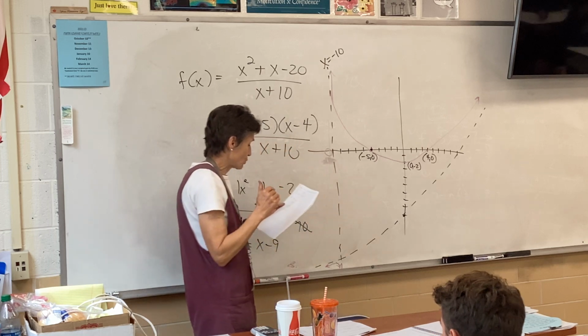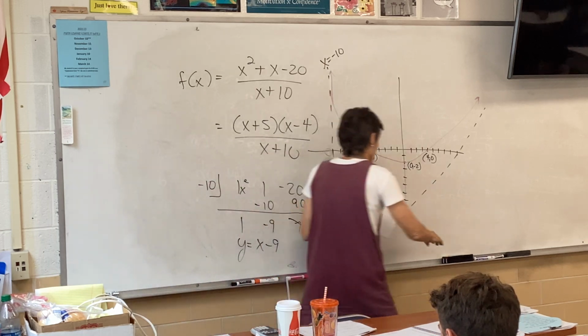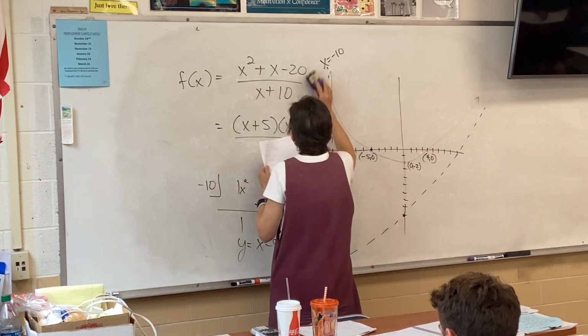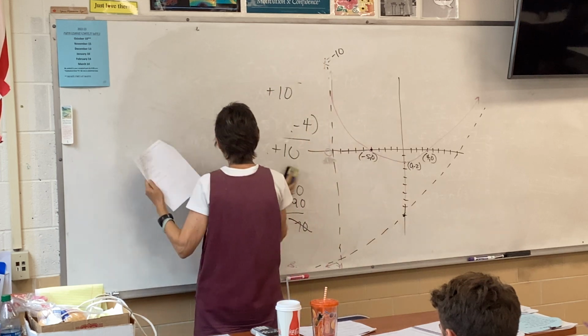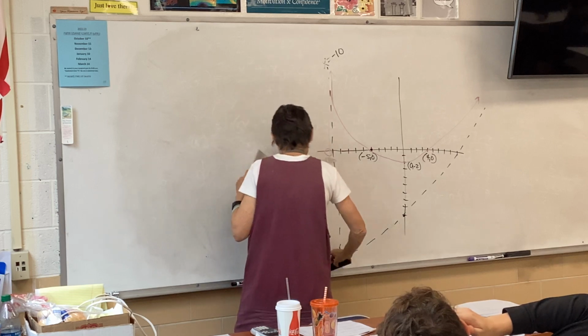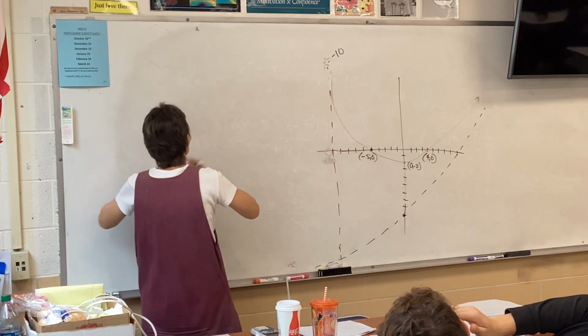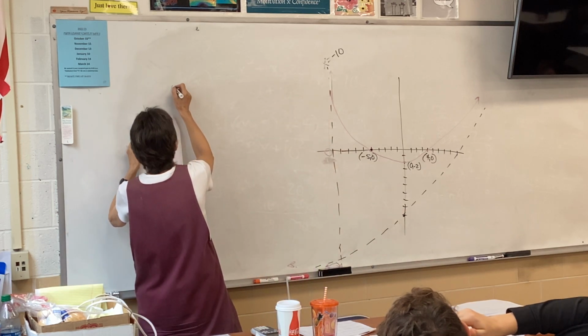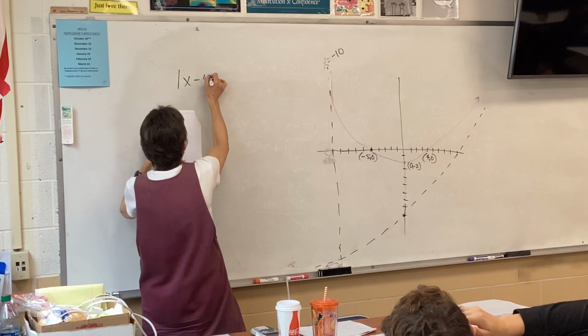Let's do one from 12. Which one in number 12 shall we do? C? Now, C looks like a disaster, but in terms of actually doing work, C isn't too bad.